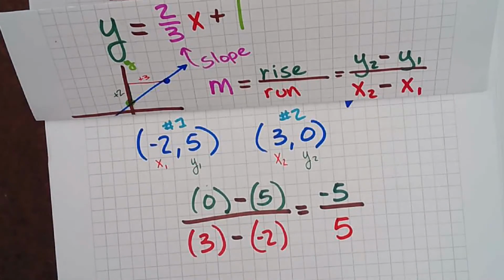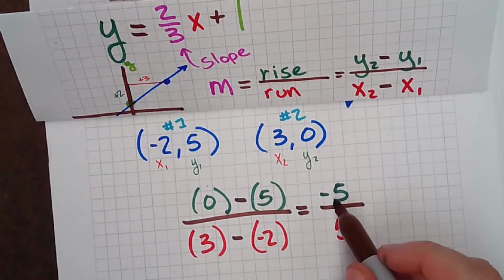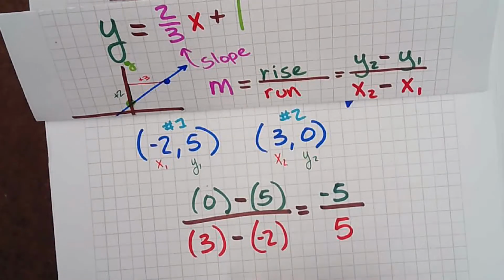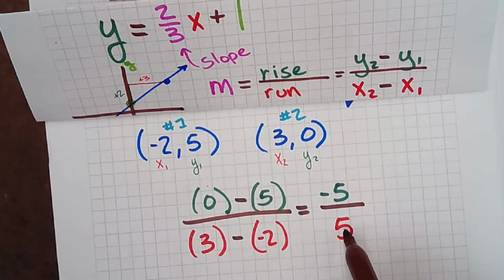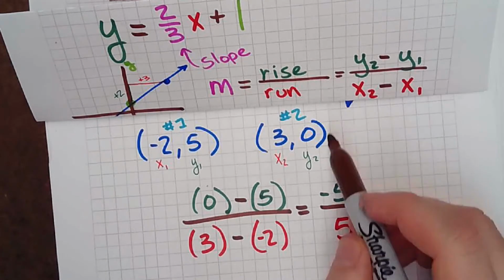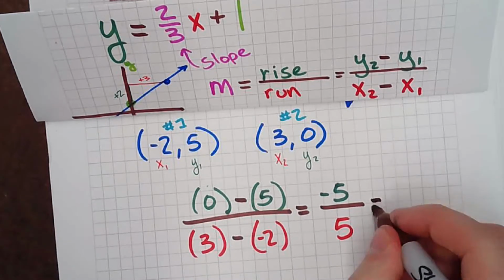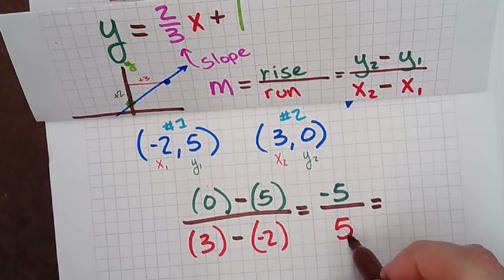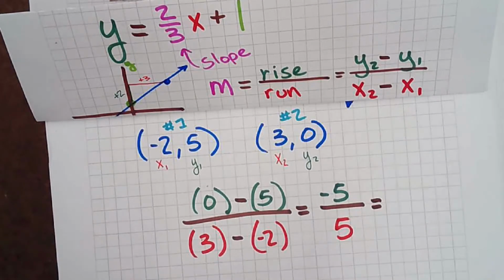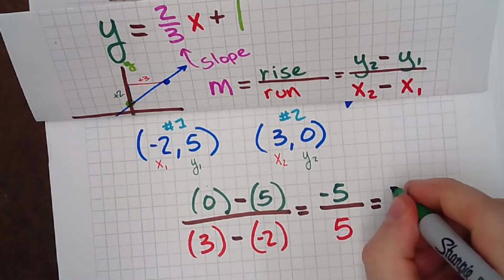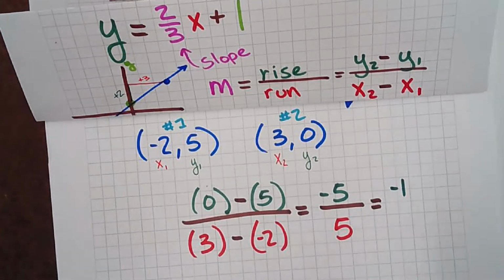And so that's going to be a 5. And look, we have a slope, negative 5 over 5. Our rise is negative 5, so we're actually going to go down. And 5 on the bottom means 5 to the right. So for every 5 we go down, we're going to go over 5 to the right. Another way to think of this is negative 5 divided by 5, which is just negative 1 divided by 1, or in other words, negative 1.